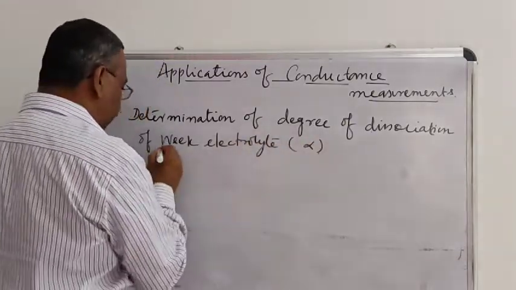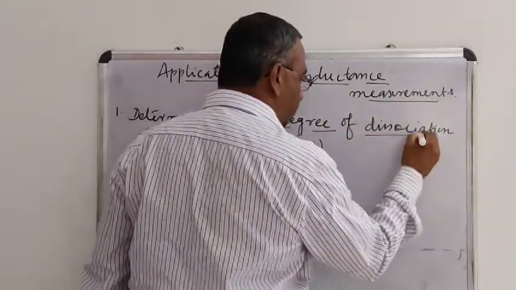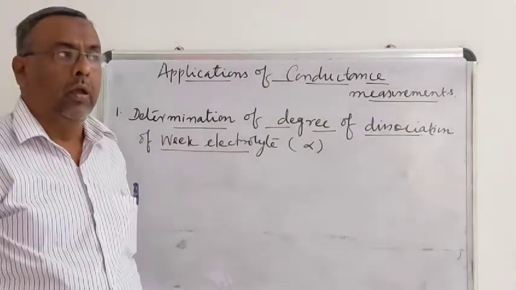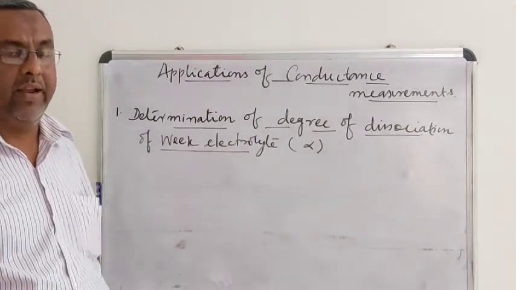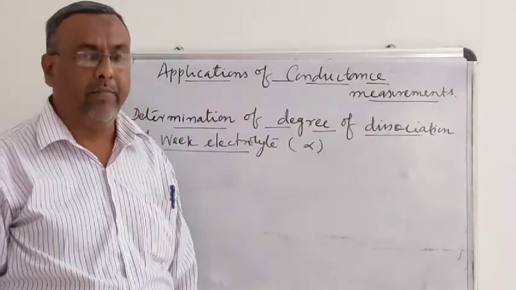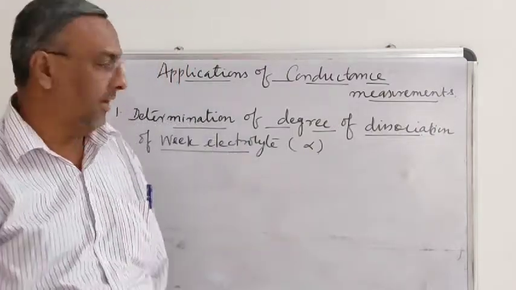It is represented by alpha. Listen, conductance measurement is very much helpful in determining the degree of dissociation of a given weak electrolyte.